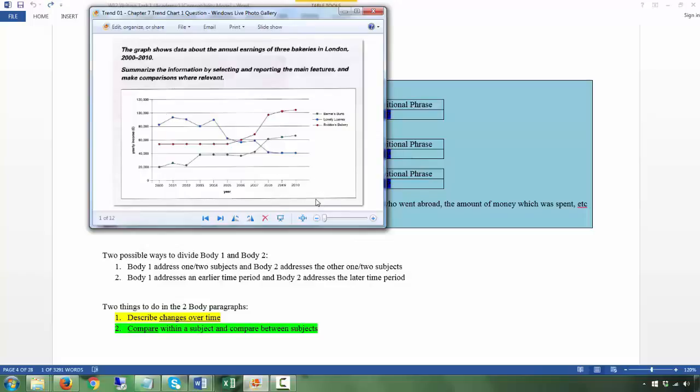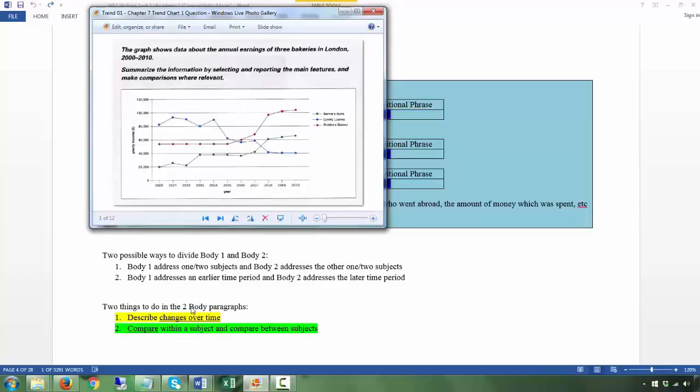That's a possibility. The other one is body 1 can address an earlier time period, and body 2 a later one. So in body 1, I address all 3 subjects from 2000 to 2005, and in body 2, all 3 subjects from 2005 to 2010. There's no right or wrong to this. You can just choose what you want.